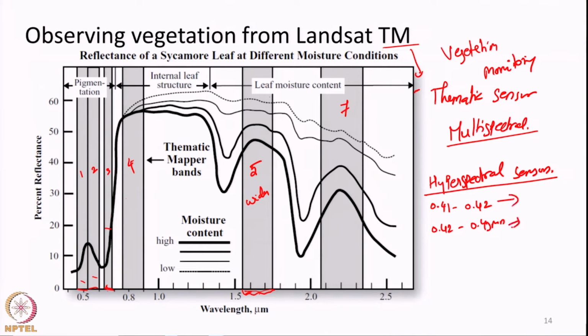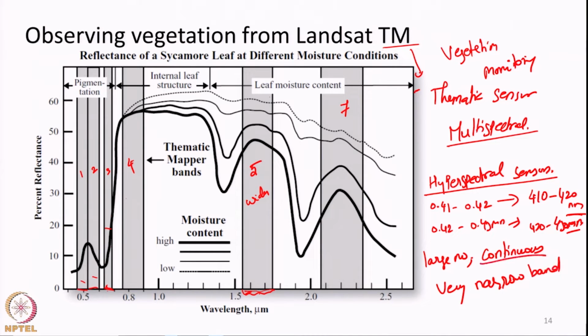Even for hyperspectral sensors, they will classify everything in nanometers, 410 to 420 nanometers, 420 to 430 nanometers. It is convention to use nanometers to represent hyperspectral sensors. So, they will have a large number of continuous bands with very narrow bandwidths.